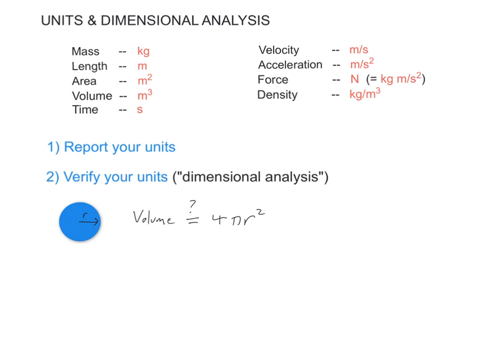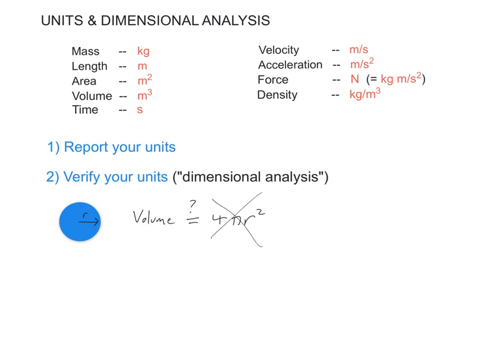Well, let's check the units. If I look at this expression here, 4 pi r squared, well, r is the radius that has units of length, so let me measure that in meters, and I'm squaring it. So this has units of meters squared. But meters squared is a unit of area, and I wanted a volume which has units of cubic meters, so I know, therefore, that this cannot be right.